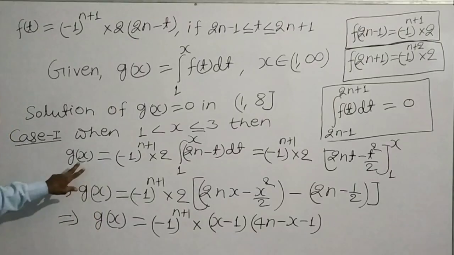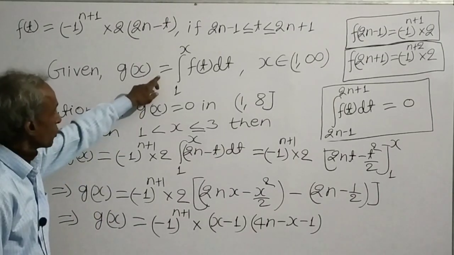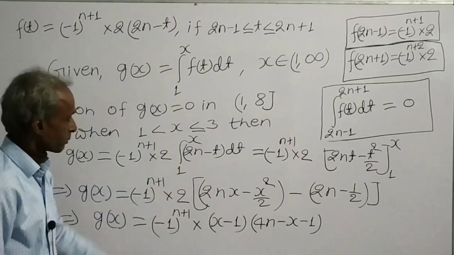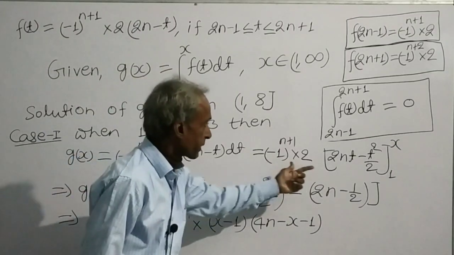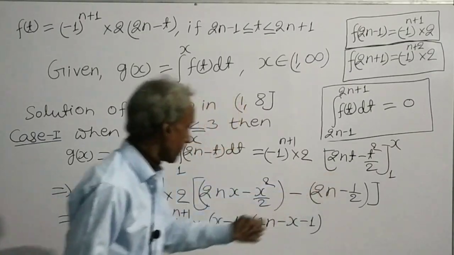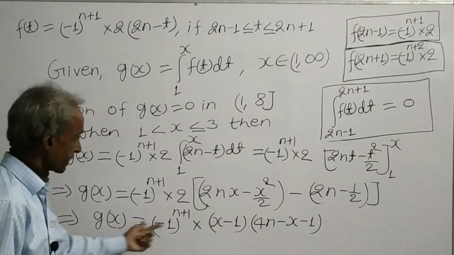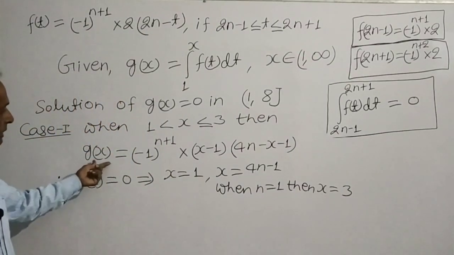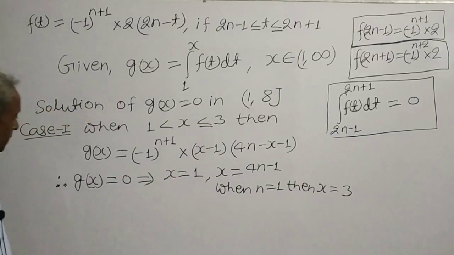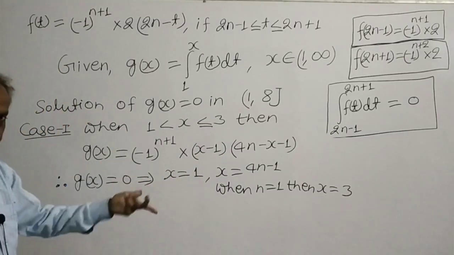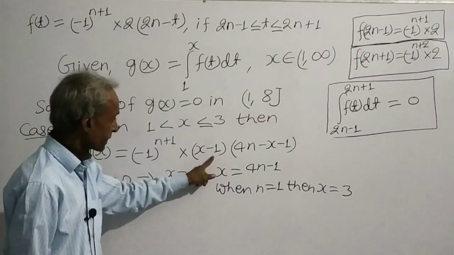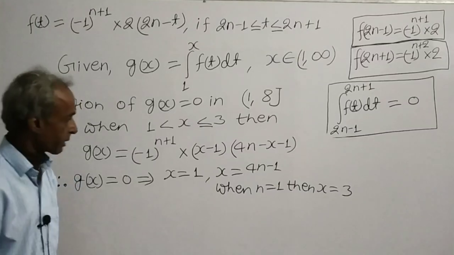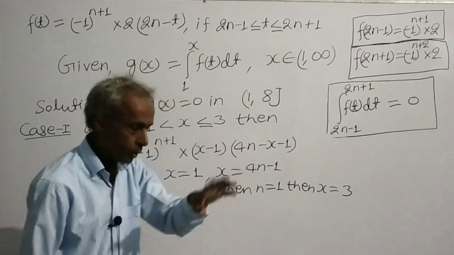In this case, g(x) will be equal to the integral of f(t), this. After integrating it, we find g(x) is equal to this. Since g(x) is this, therefore g(x) = 0 will give x = 1 and x = 4n − 1. Here n is a natural number.